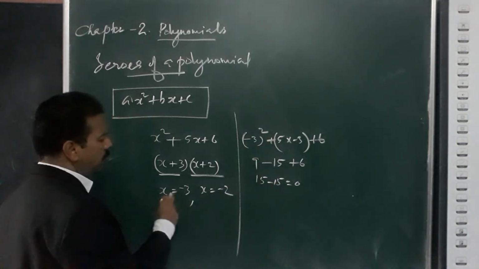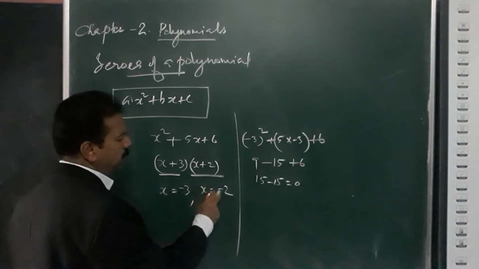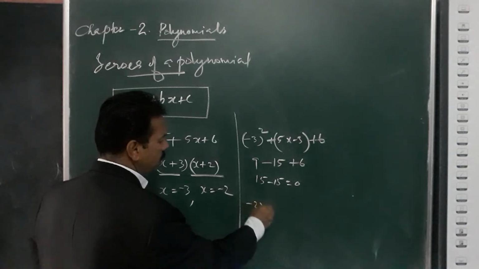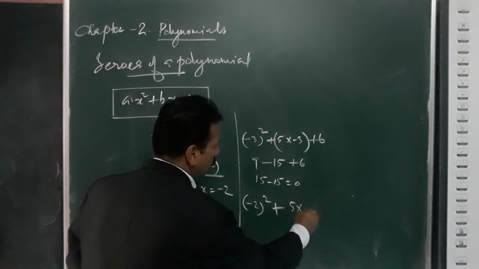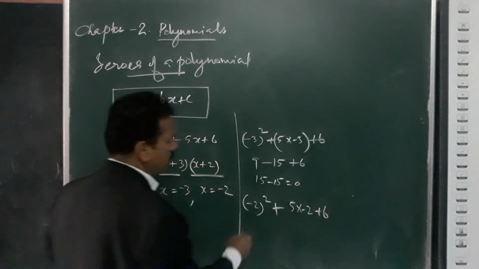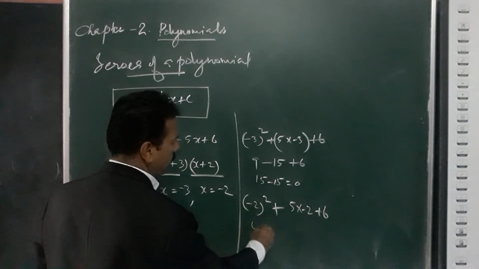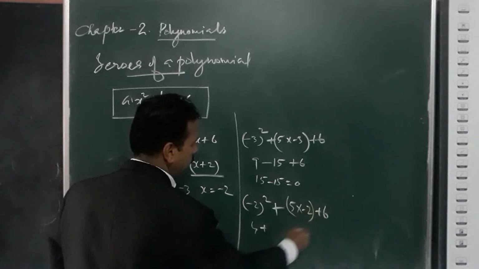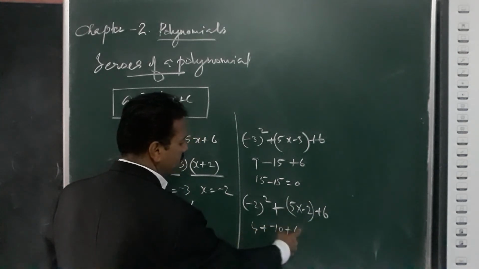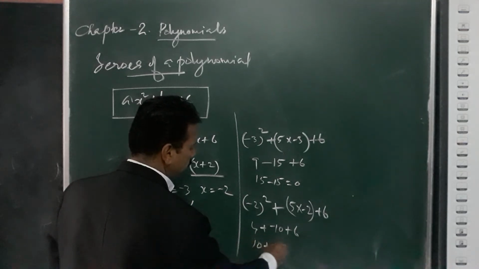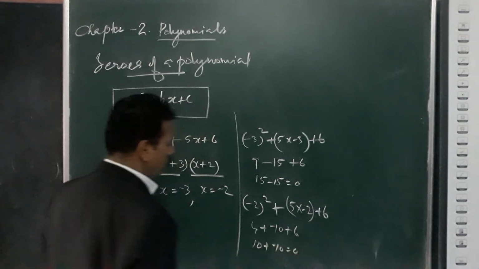Now, let us see how minus 2 will work. Minus 2 the whole square plus 5 into minus 2 plus 6. Minus 2 the whole square is 4, plus 5 into minus 2, that is minus 10, plus 6. 4 plus 6 is 10, plus minus 10 is equal to 0.